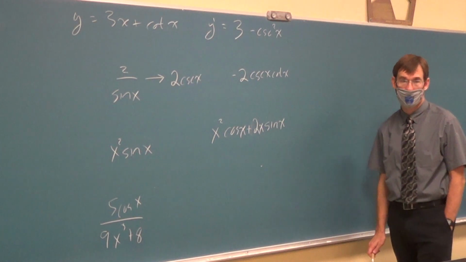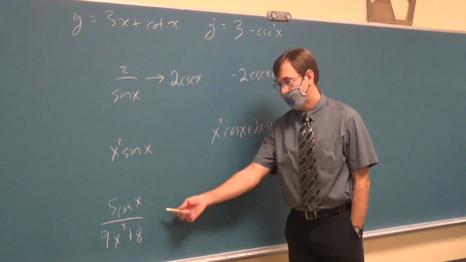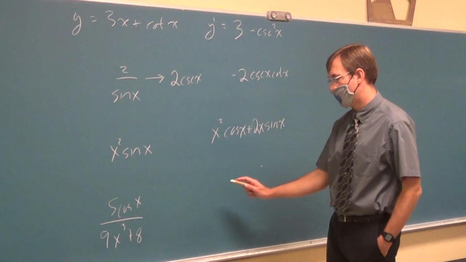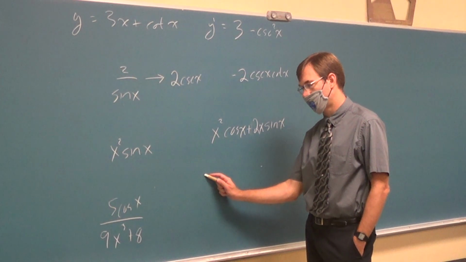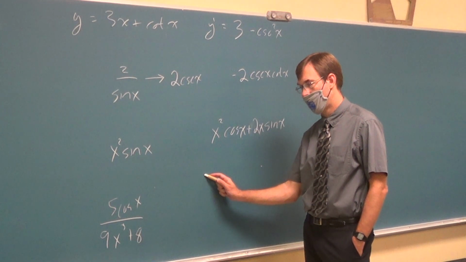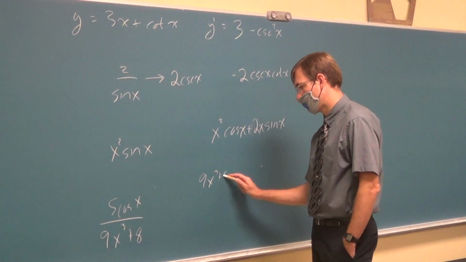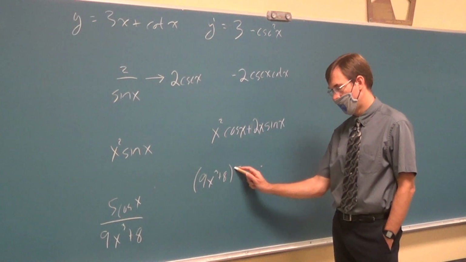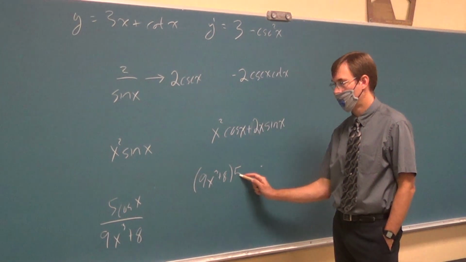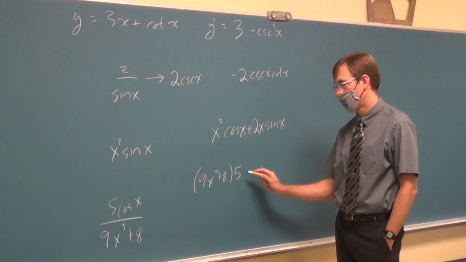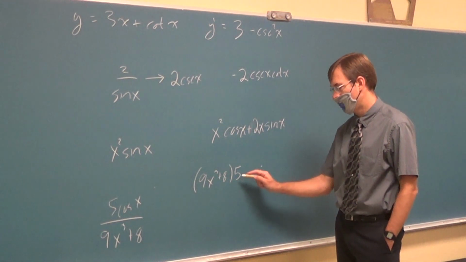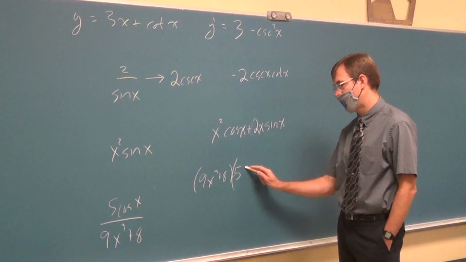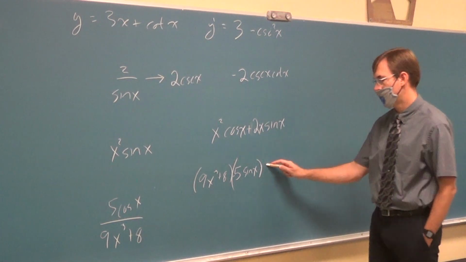Question about that. This, there's no way around doing the quotient rule. We had already said that. So when we go to do the quotient rule, we have to first copy the bottom times the derivative of the top, which is -5 sine x, okay?